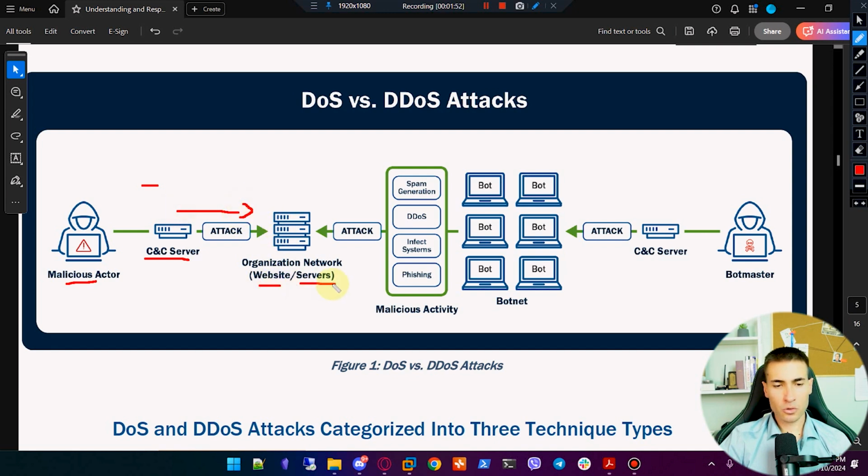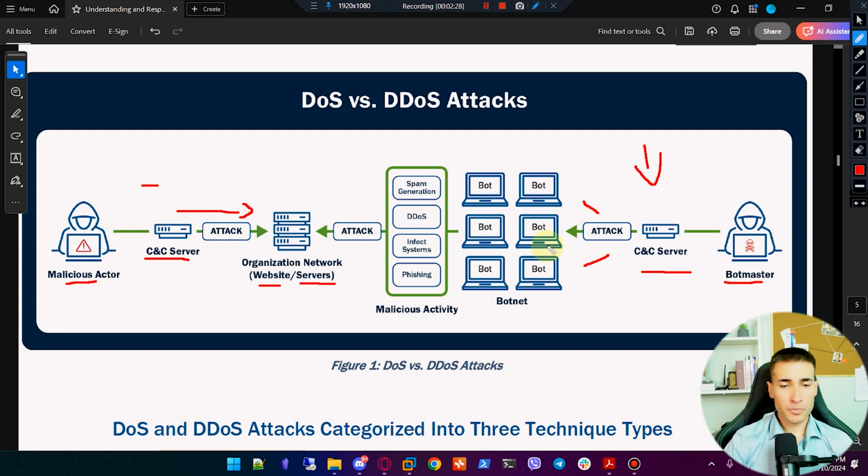This could be a website or server, right? On the right side, we have, again, a malicious actor that is connecting to a command and control server from which he is controlling multiple bots that could be either compromised devices from public vulnerabilities, or they could be configured by the malicious actor himself.